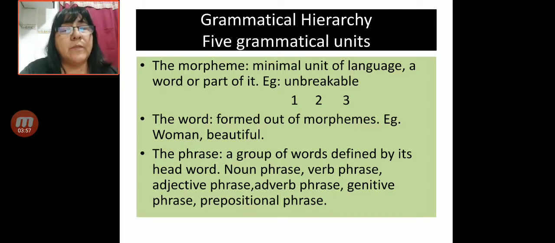For example, if you say on the table, it is a prepositional phrase because it begins with the preposition on, but in the prepositional phrase it has a noun phrase. Which is a noun phrase? The table. But altogether is a prepositional phrase.